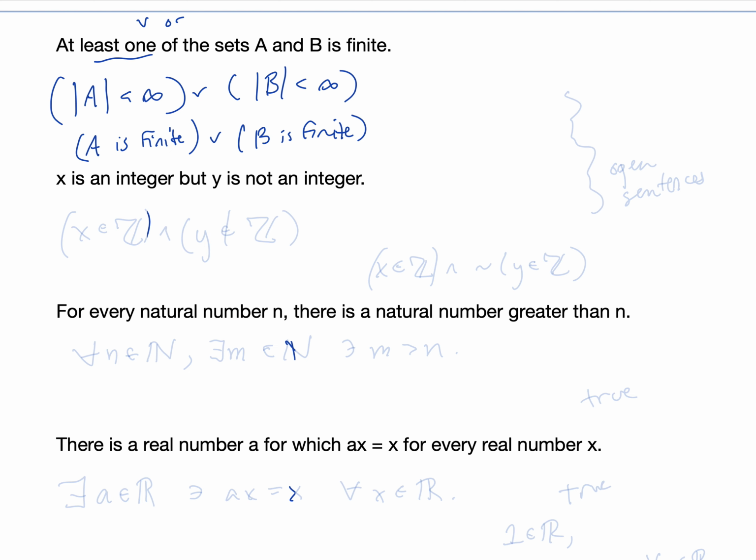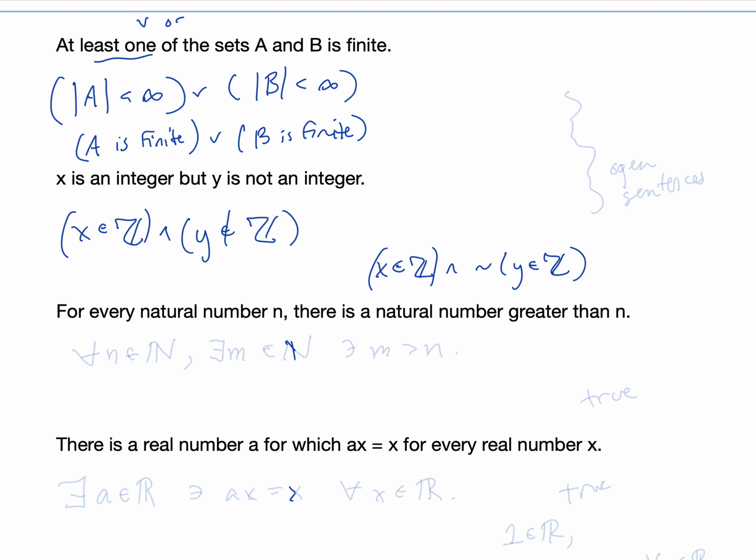Okay, X is an integer, but Y is not an integer. X is an element of the integers, but Y is not an element of the integers. That would be connected by and. It's the case both that X is an integer and that Y is not an element of the integers. You could have also written that as X is an element of the integers, and it is not the case that Y is an element of the integers.